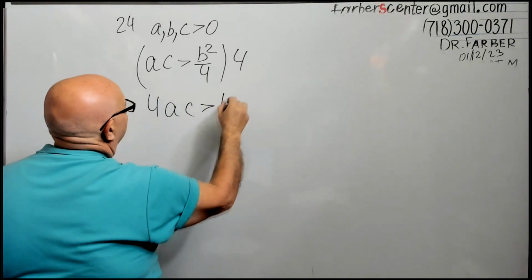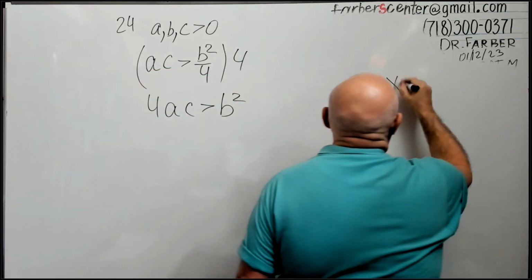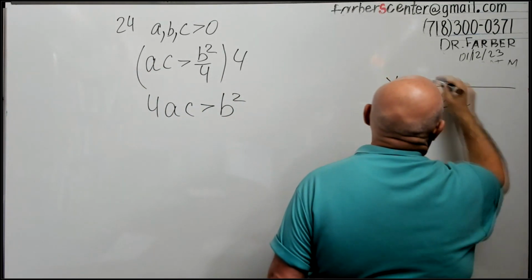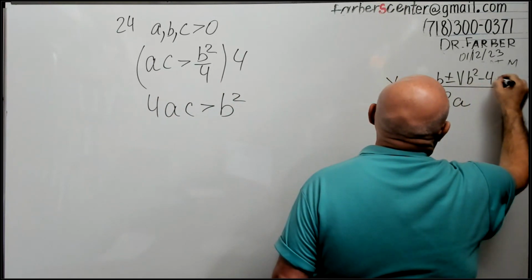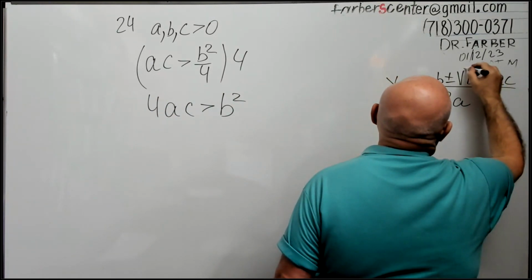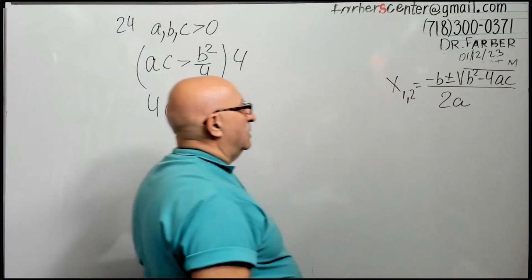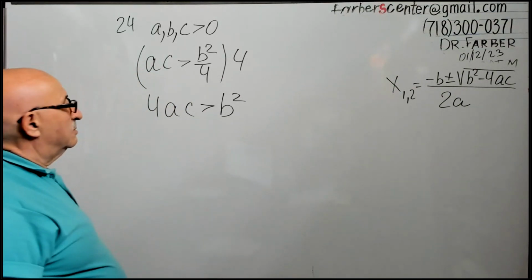Here I just remind you of the quadratic formula. X first, second equals negative b plus or minus square root of b squared minus 4ac, over 2a. And here we have the discriminant. Depending on the value of the discriminant, you have a different number of roots.